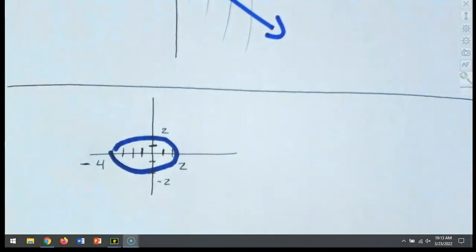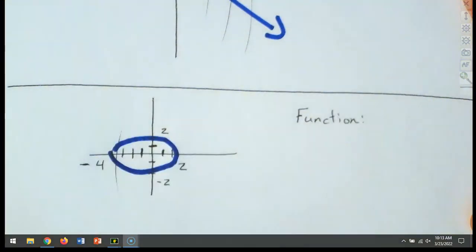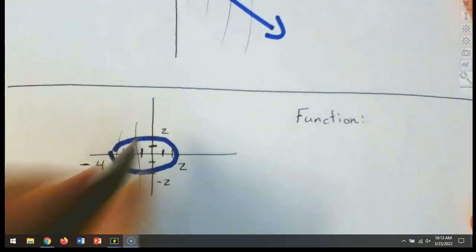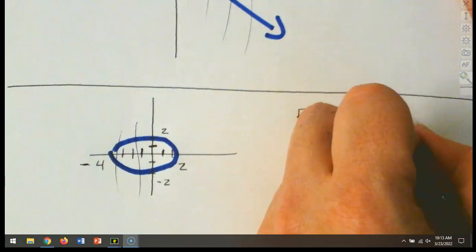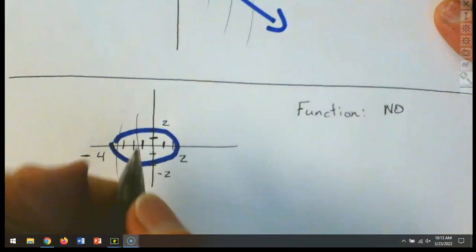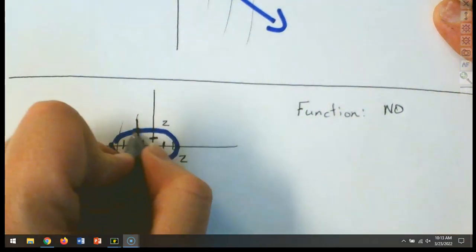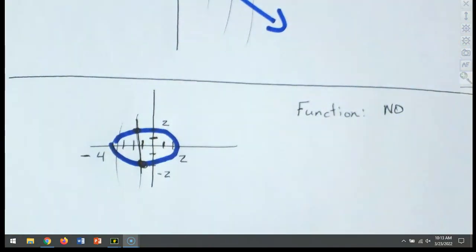If I give us a circle, in this case an ellipse, is this a function or not a function? Easy enough to tell. That's the easy part, right? Touches it more than one place, so this is clearly not a function. There's this line right here. We touch here and here, so it's not a function. So anytime it overlaps, not a function.